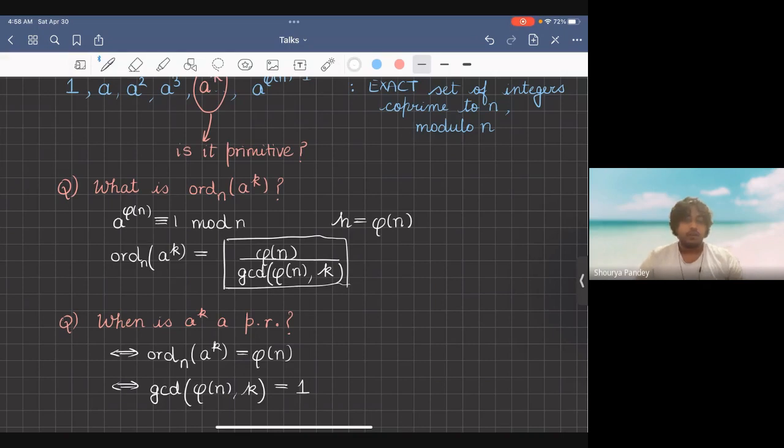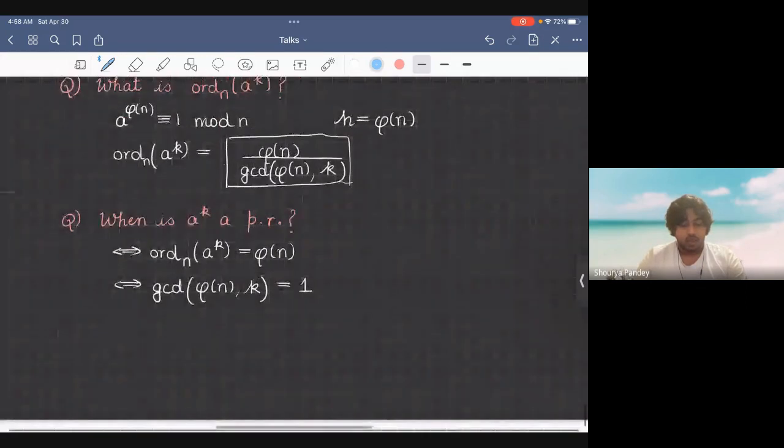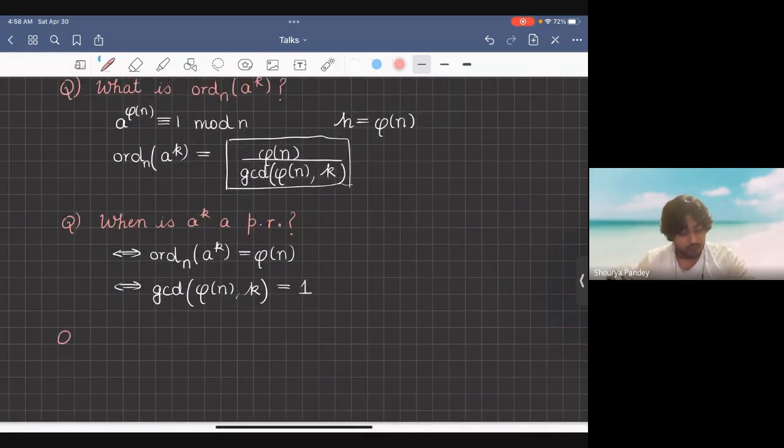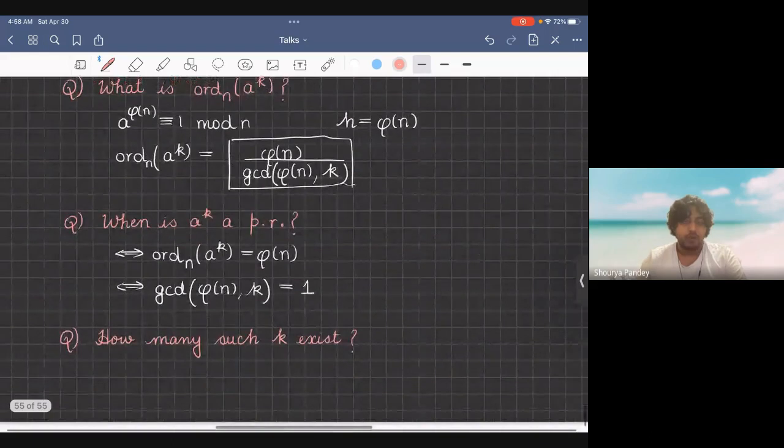Is that clear? Okay, great. And so how many such k exist? Note that we're only looking into this set where k varies from 0 to phi of n minus 1.